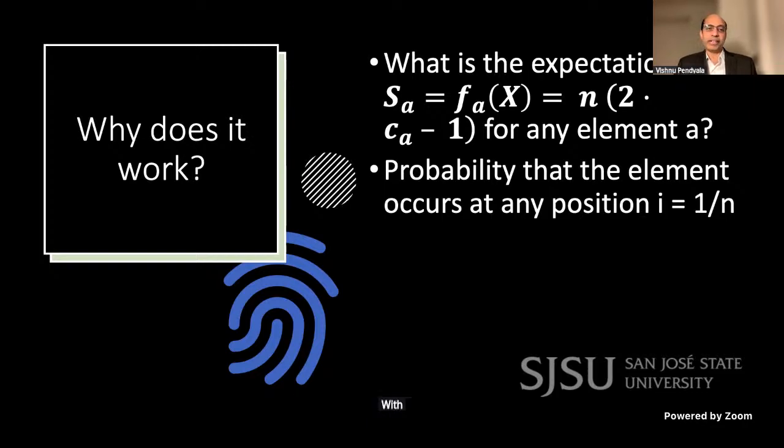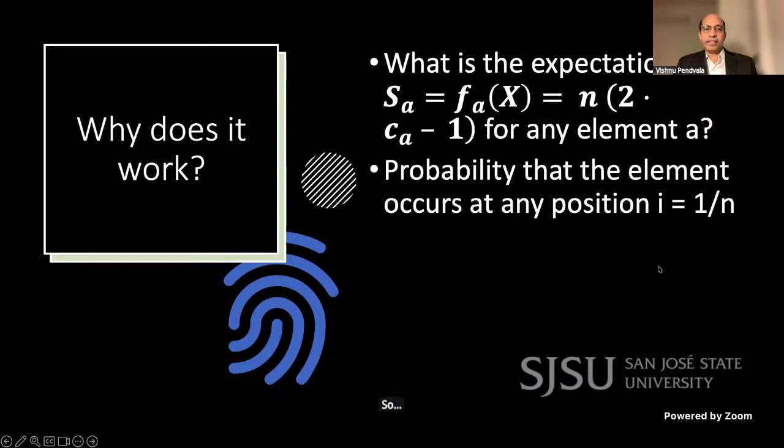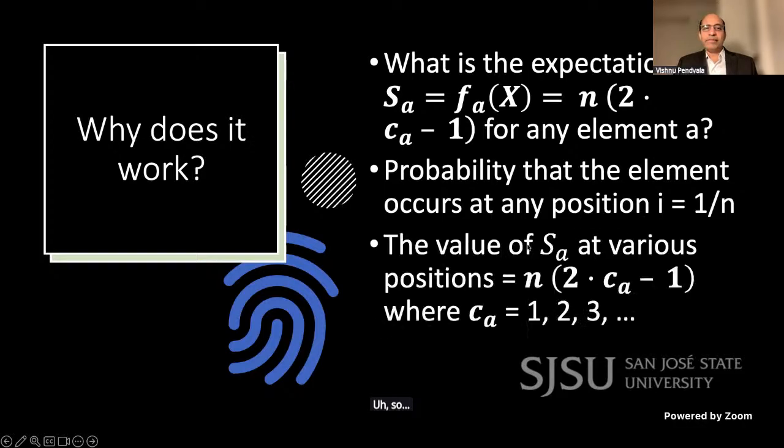With equal probability. I should not use the word uniform here. With equal probability. So, the value of SA at various positions. What is the value of CA at position 1?